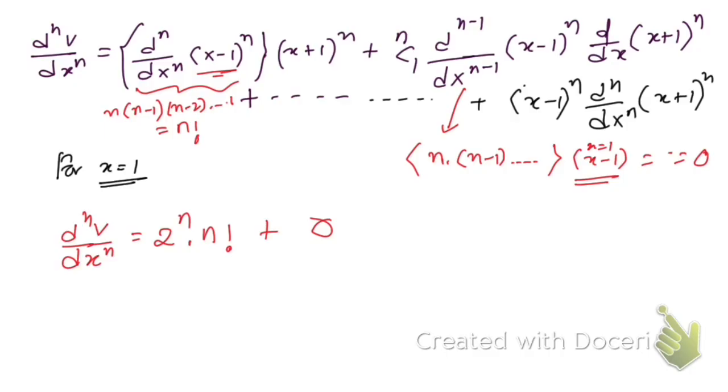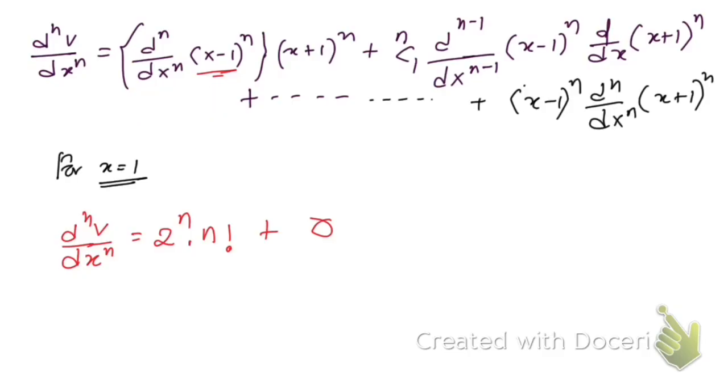So if you see, excluding the first term, all the remaining terms will contain this x minus 1, so that's why the remaining part will be equal to 0.